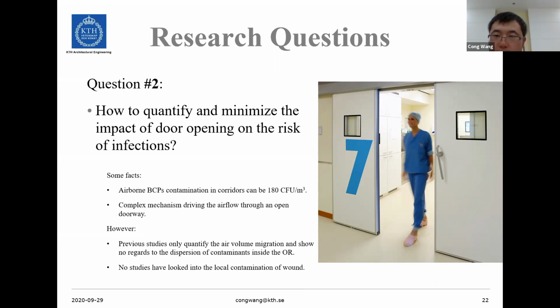To ensure a clean surgical environment, especially for infection-prone surgeries, we want the airborne contamination to be as low as 10, even lower than 10 CFU per cubic meter. Also, the airflow exchange across the doorway caused by the opening of the door is a very complex mechanism, and it cannot be simply quantified. So we need to look into this phenomenon and propose some kind of solution.